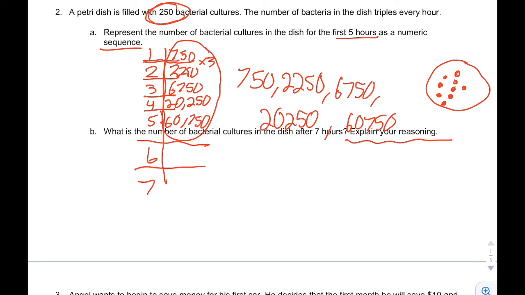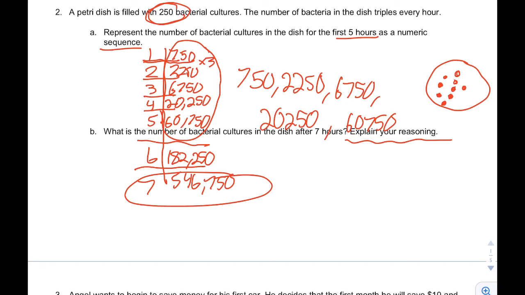So to get the next value for that 6th term, all we have to do is take that previous value, that 60,750, multiply that one by 3. And again, feel free to use your calculator here. Now, to get that 7th value, again, I'm using my calculator here.